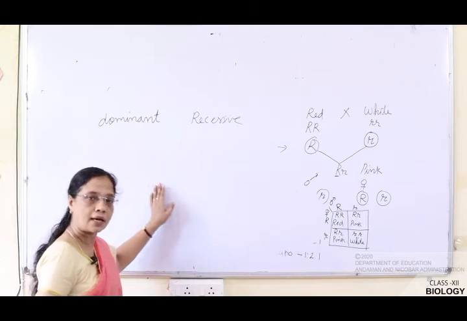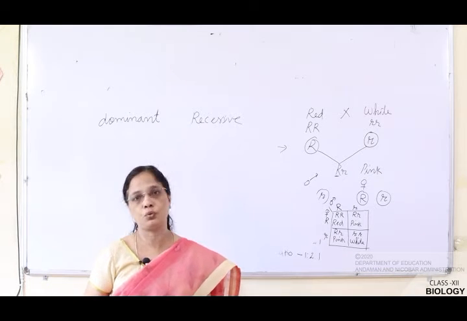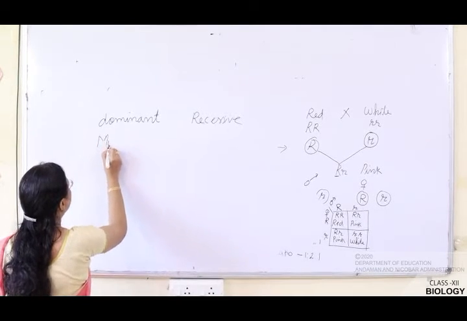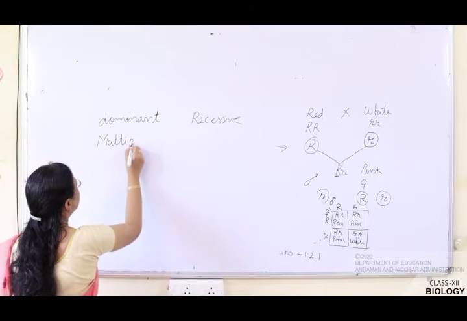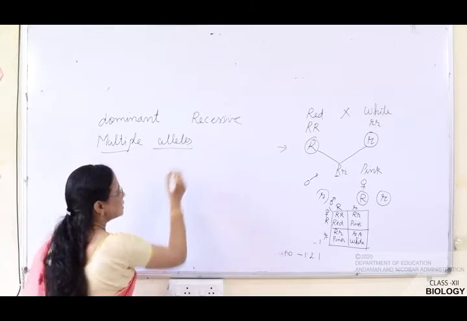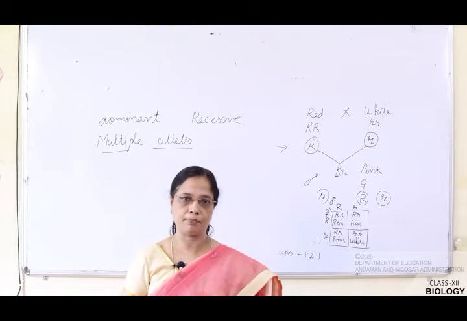But there are certain genes which have more than two alleles. Such alleles are known as multiple alleles. That means a gene having more than two alleles is known as multiple alleles.